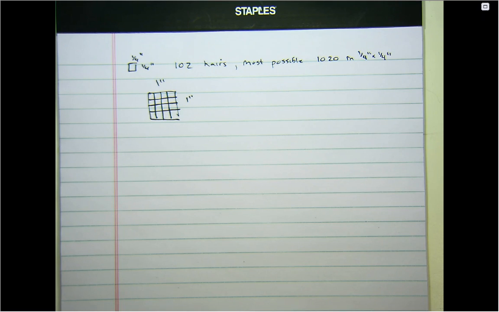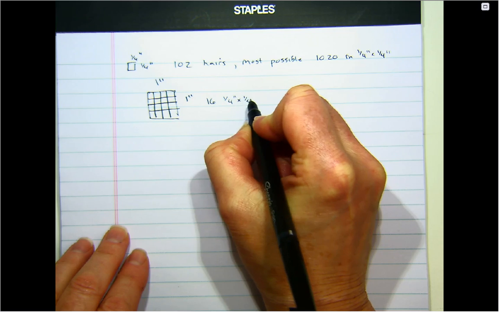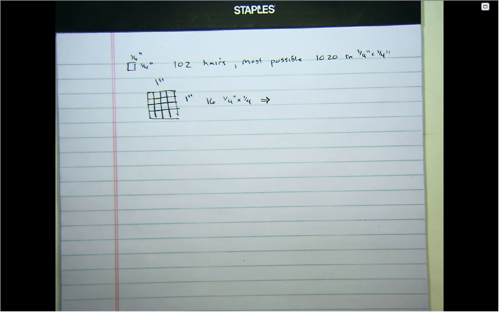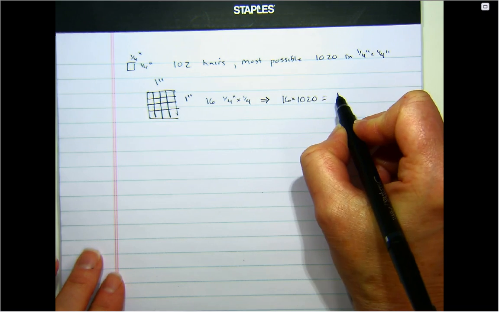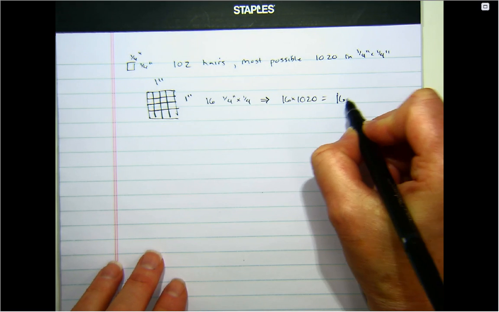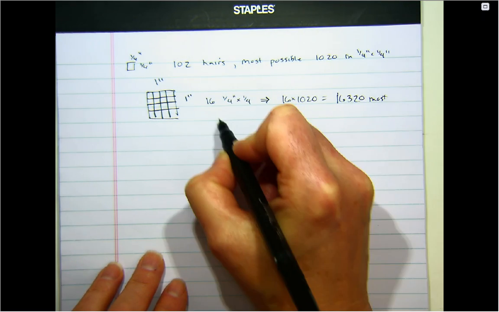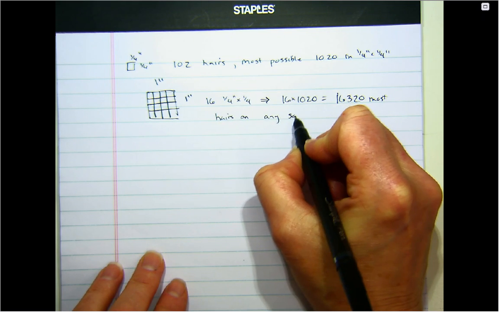So 16 1/4 by 1/4. So the most anybody could have on a square inch of their body would be 16 times the 1,020, which you said was 16,320. So that's the most hairs on any square inch.